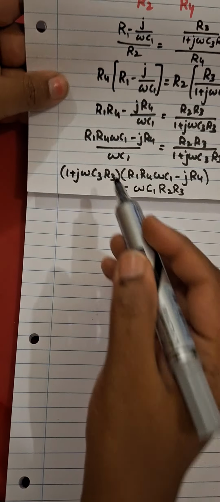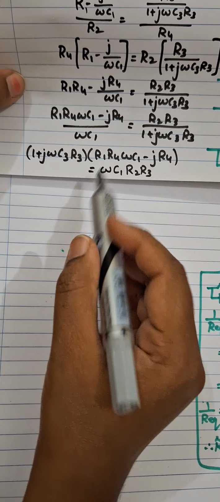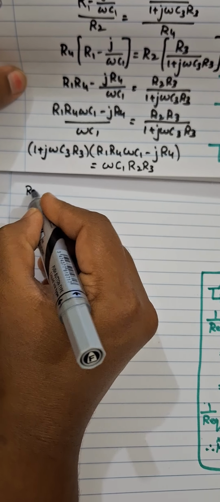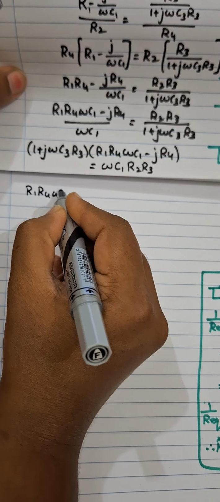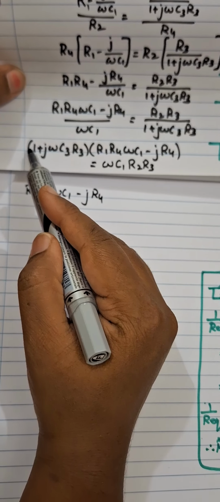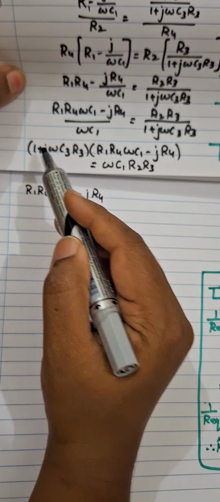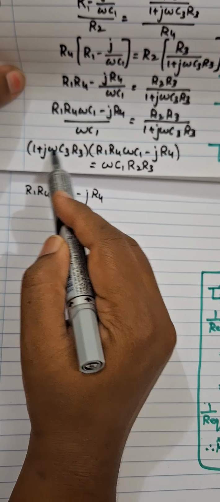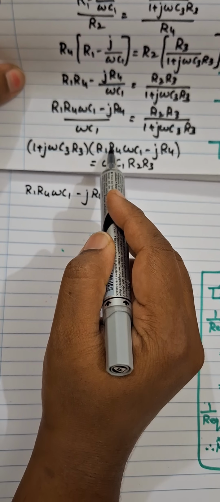So for that I am going to multiply these two. So 1 is multiplied with this. It will become R1 R4 omega C1 minus j R4. So I multiplied 1 with this, 1 with this. So 1 is done. Now this element is left. This element first I am multiplying with this.